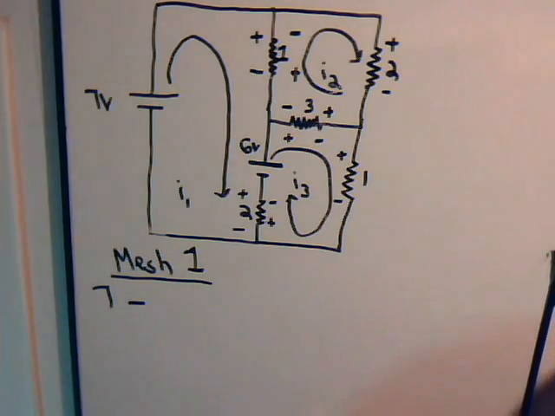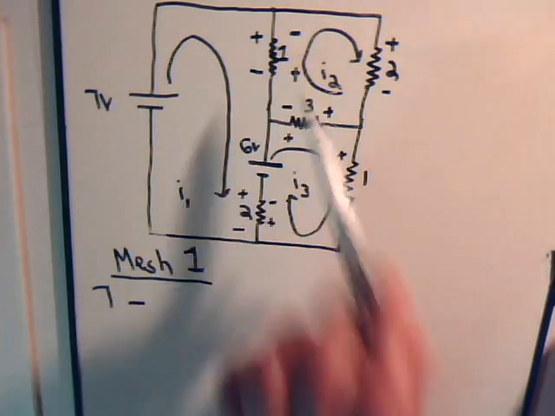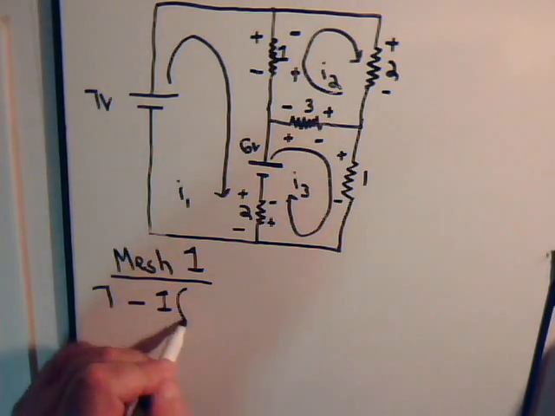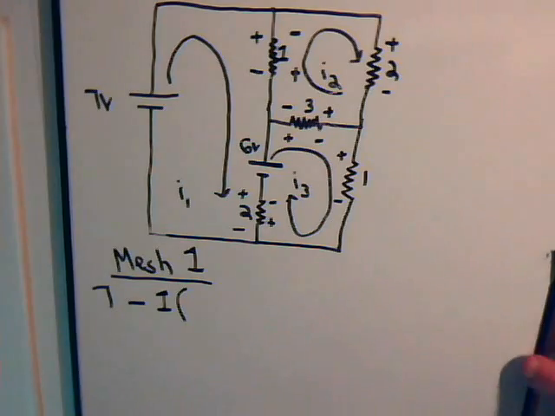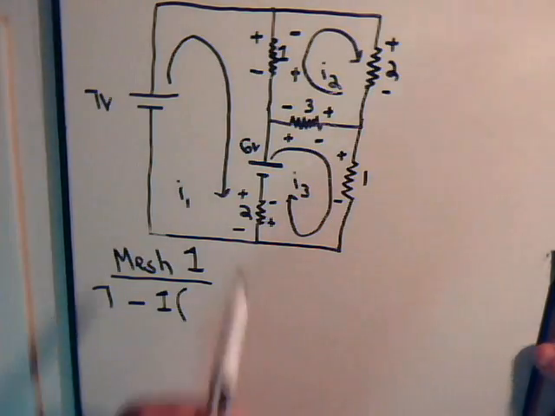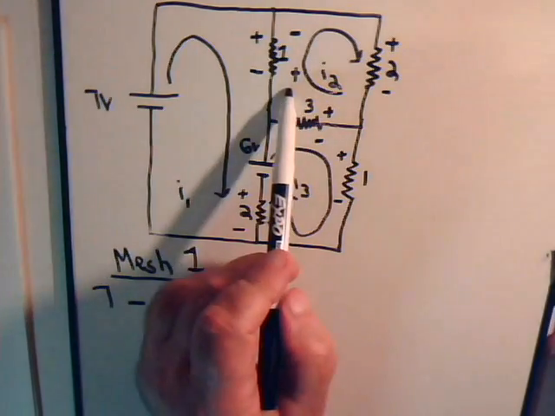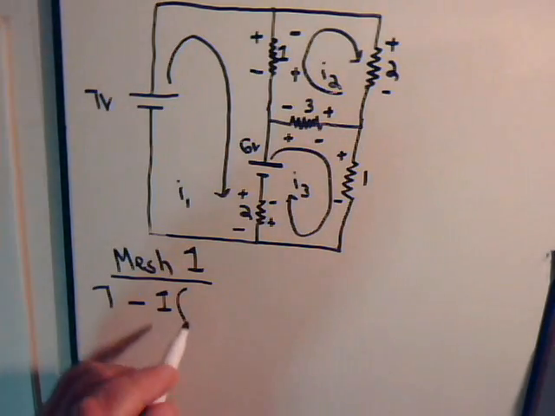The magnitude of that voltage drop is the magnitude of the resistance, that's just 1, times the amount of current flowing through it. The amount of current flowing through it is I1 minus I2.